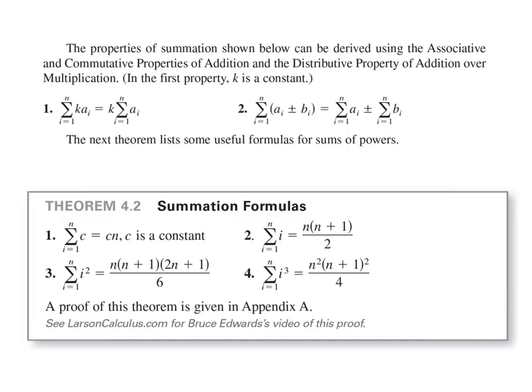And as with everything in mathematics, there are some handy formulas and rules that hopefully will save you a little bit of time and headache when you have summations that aren't as simple as plugging in 1, 2, 3, 4, 5, or 6. One of them is something that we've seen before with derivatives, and that is a constant multiple rule.